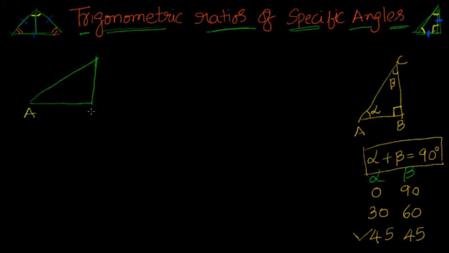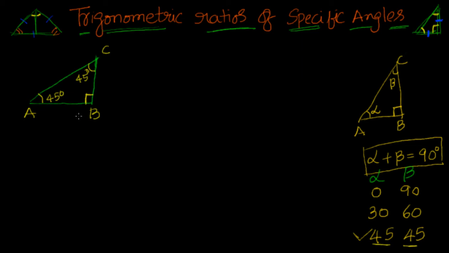This is A, this is B, this is C. Now what are we looking at? We are looking at 45, 45, right? That means this angle should be 45 and this angle also should be 45. Now I want this triangle.